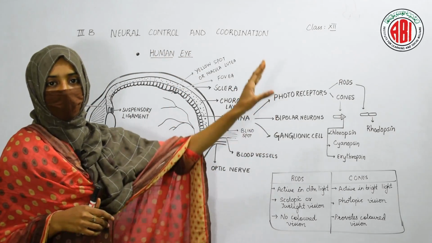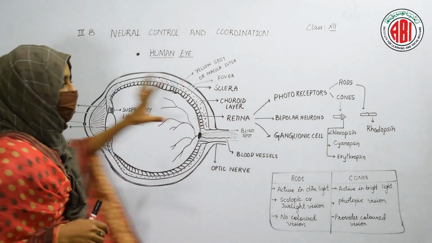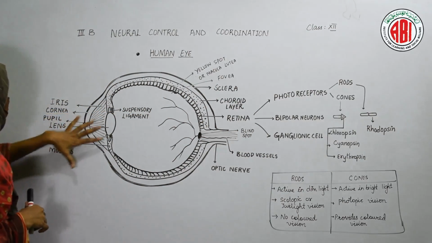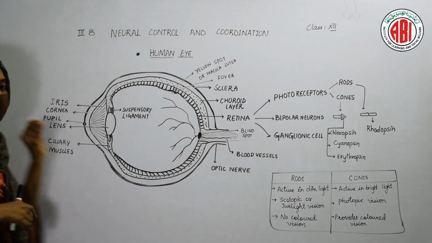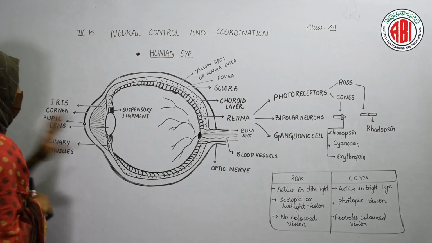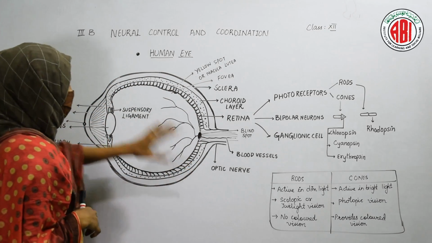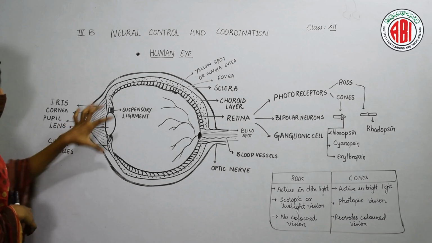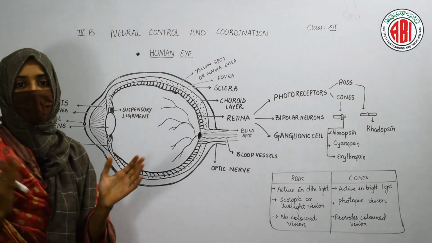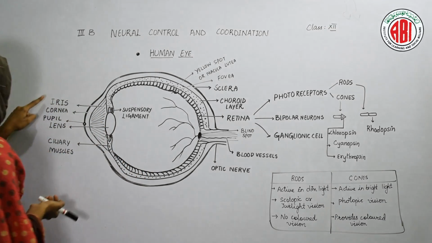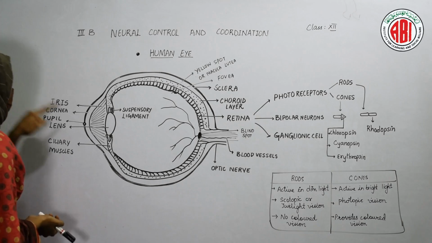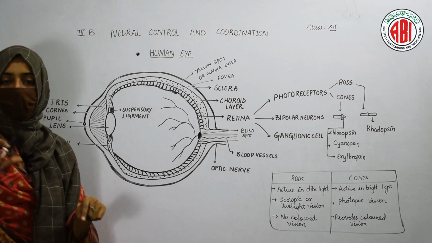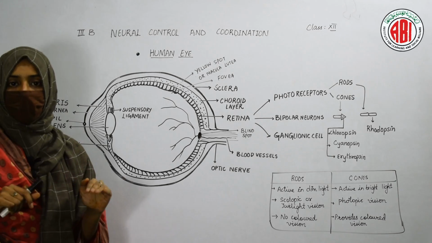Before proceeding towards the cells like rods and cones, let us first see the different parts that you can see in our eye. Besides these three layers, you can also see a part that is present in front of the lens. The lens is behind a part called the iris, and the iris is a colored ball that you can see.